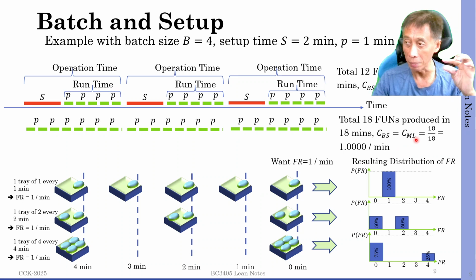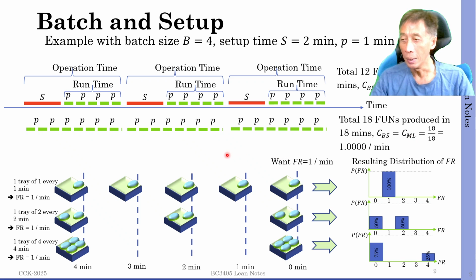I bought this machine which is labeled or engineered with a capacity of 1 per minute. So that's the machine label capacity. That's the best we can hope for. Well, that's the maximum. Okay. And the bottom diagram is to give you a sense of batching, right?